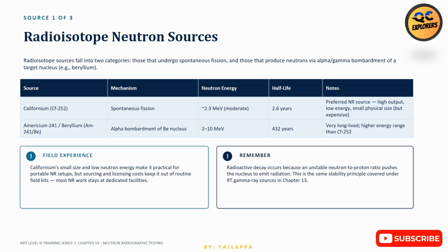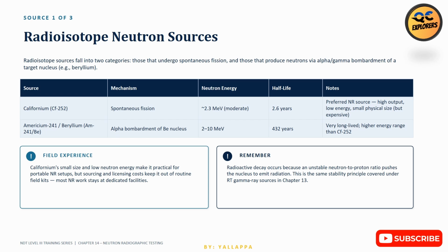Now here's an important point for your Level III examination. The reason radioactive decay occurs is the same principle you studied in conventional gamma radiography. An unstable nucleus seeks stability by emitting radiation. The difference is simply the type of radiation being emitted.